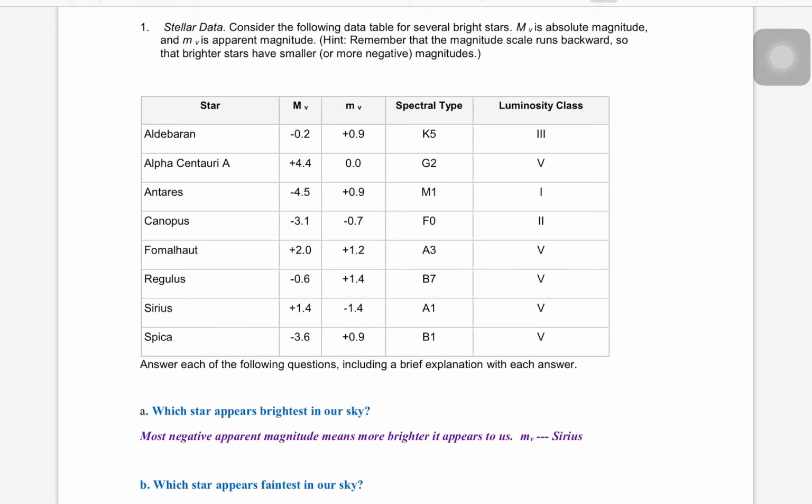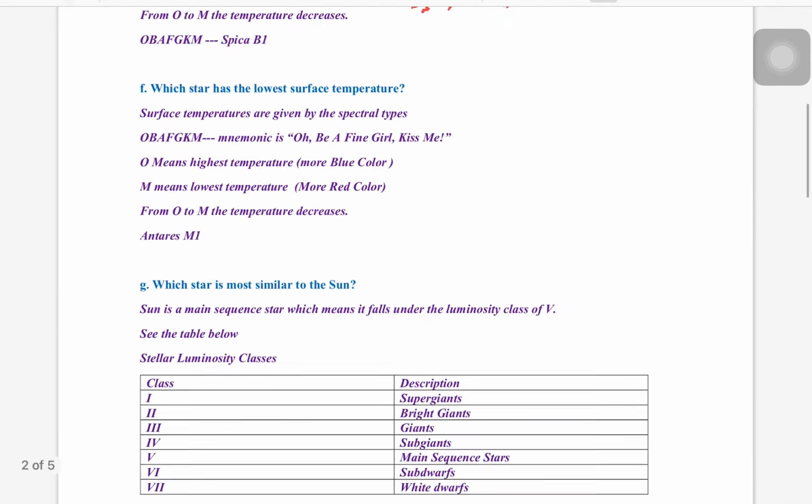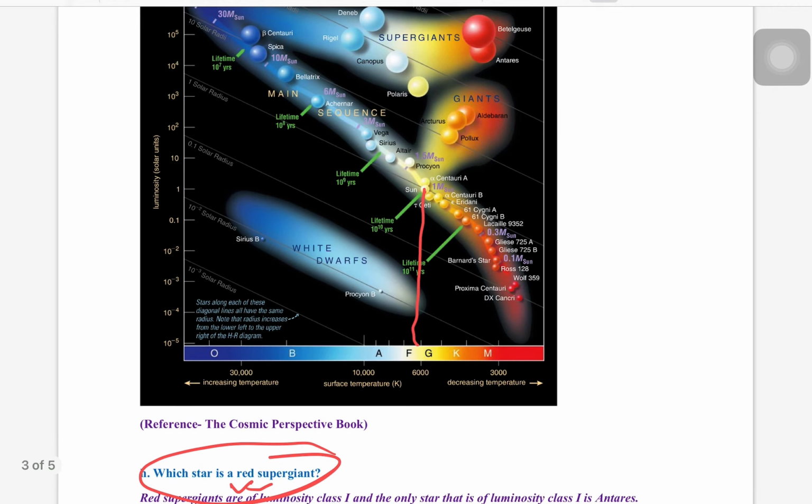But why do we call it the red supergiant? We call it the red supergiant because if you look at the spectral type, it is an M-type star. The M-type means red. So remember, O-type means blue, M-type means red, okay?